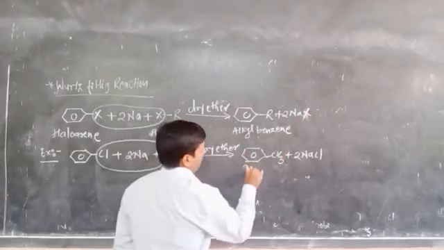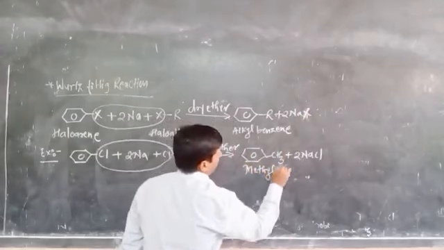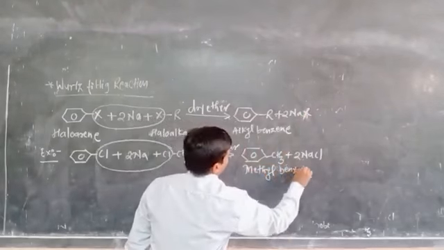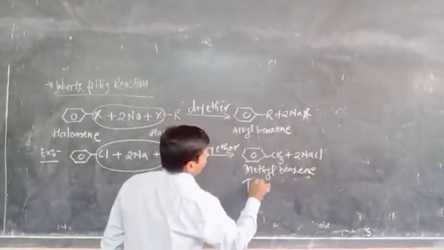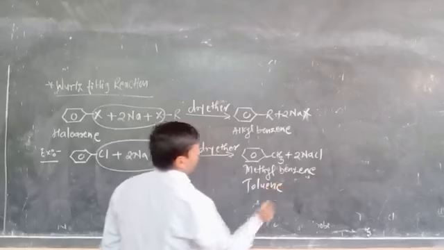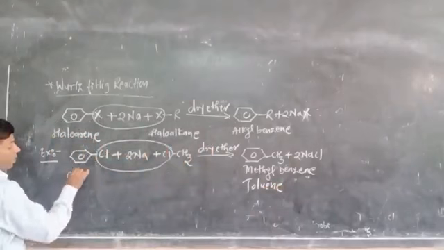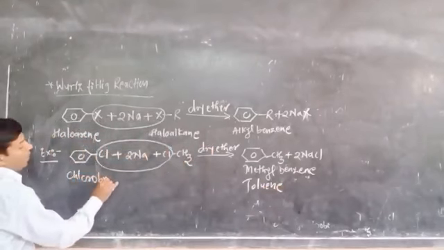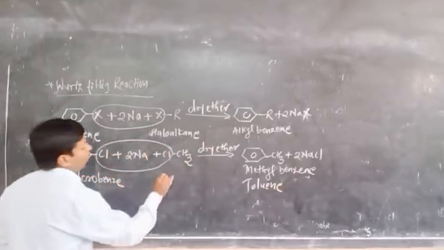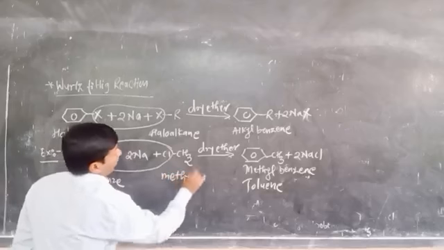This is called methyl benzene, also commonly called toluene. This is methyl chloride, and this is chlorobenzene. This is one example of the Wolff-Fittig reaction.